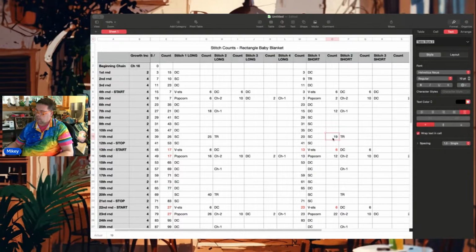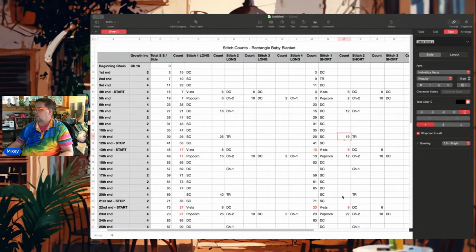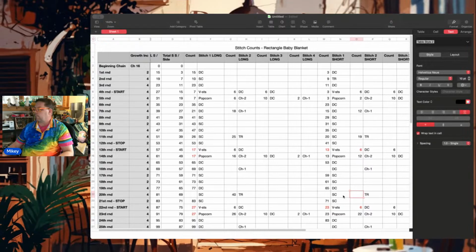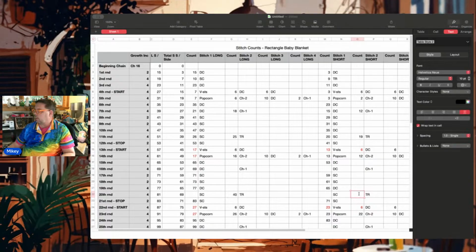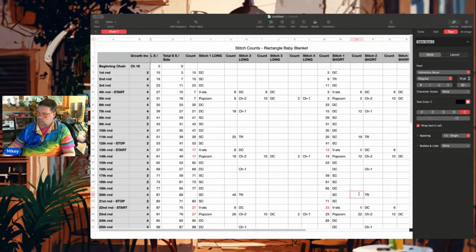Is it 15? So what do we have? The short side, so we have 68 divided by 2 would be 34. 34 trebles.